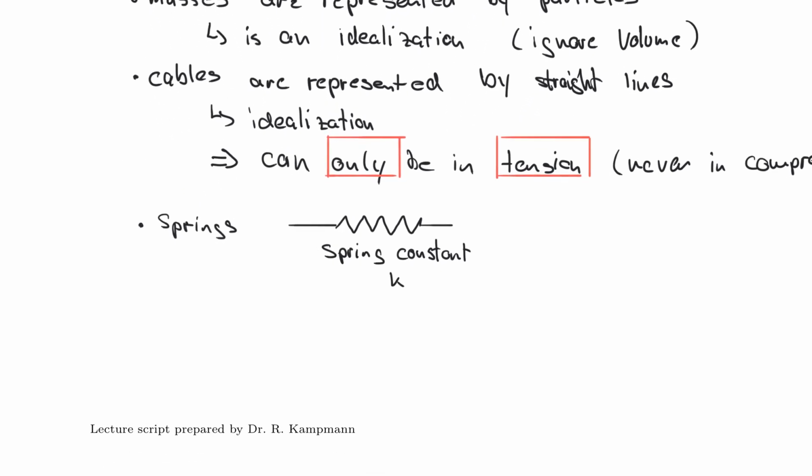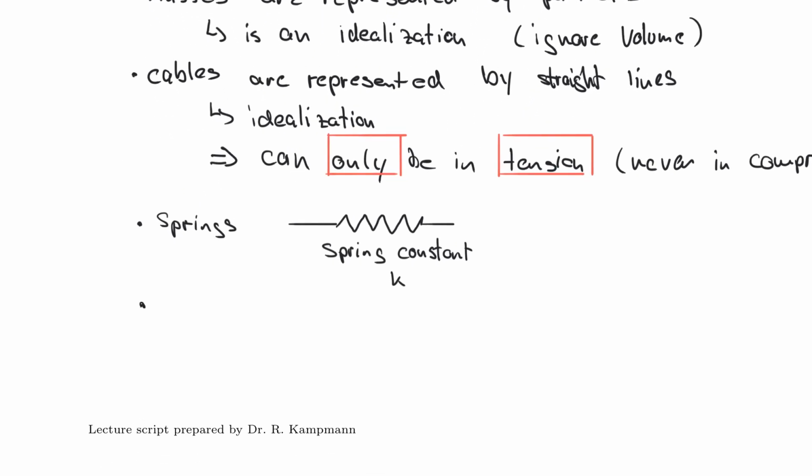You will also sometimes find that there are pulley systems. And for those pulley systems, please understand that they only redirect the force. So they don't add or subtract any force.